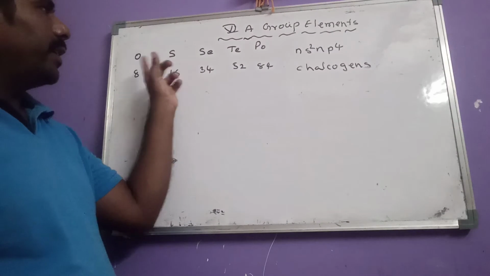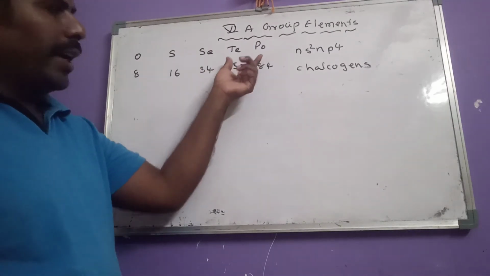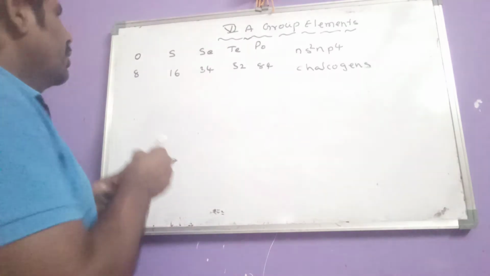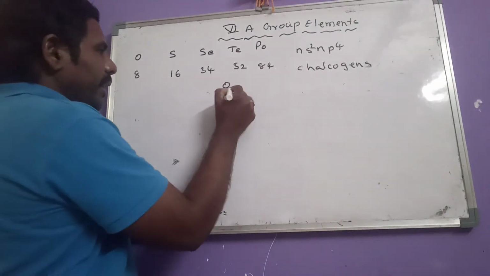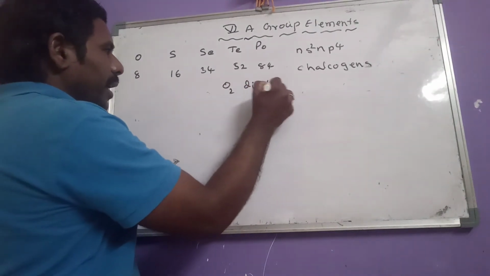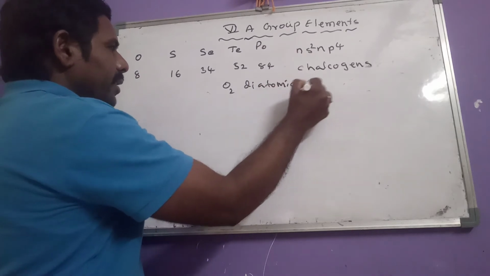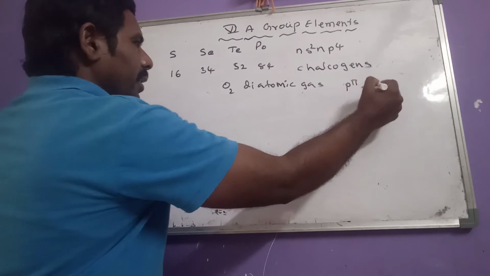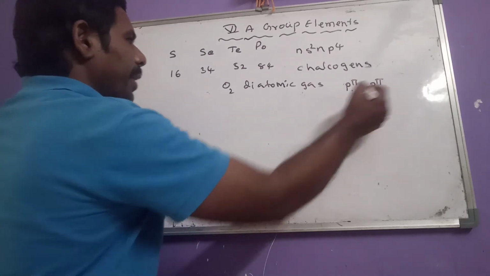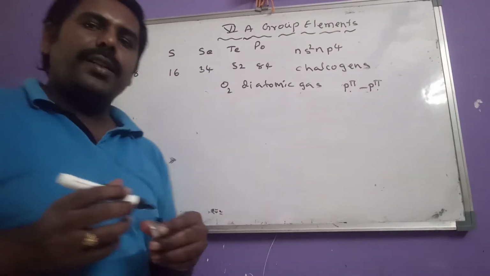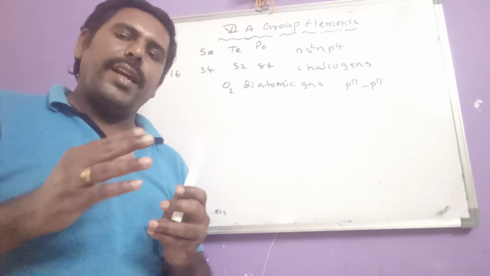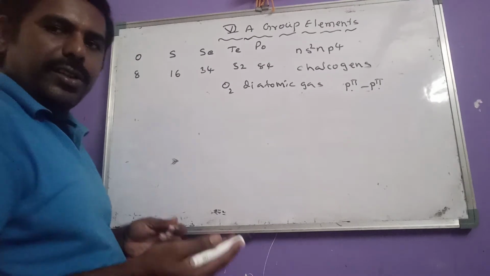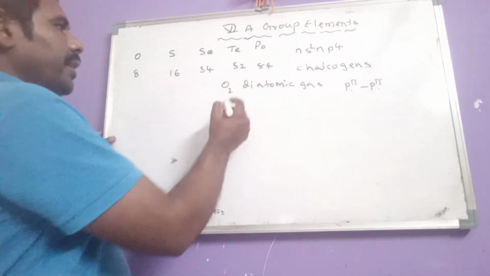Okay, now let us see the individual elements, their properties and atomicity. Oxygen is a diatomic gas. This exists in gaseous state due to the ease of formation of pπ-pπ bonds. The remaining elements are solids in the 6A group.